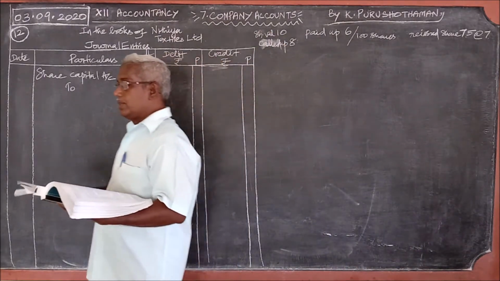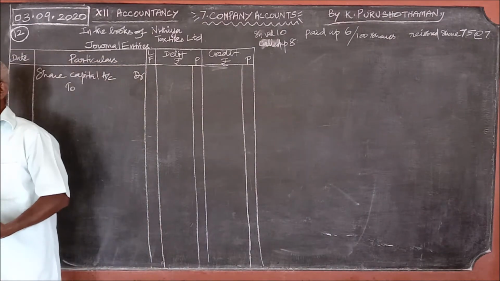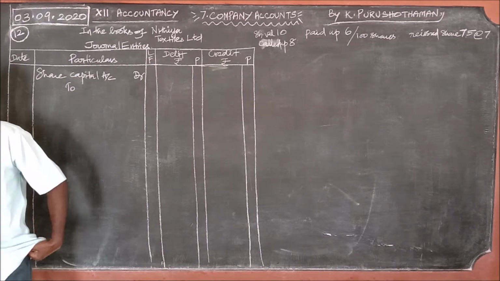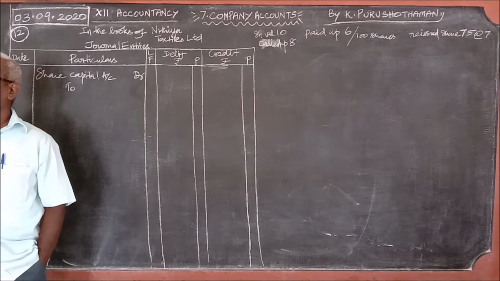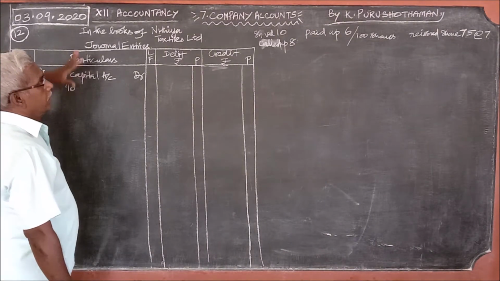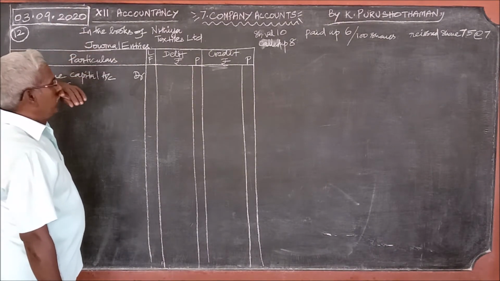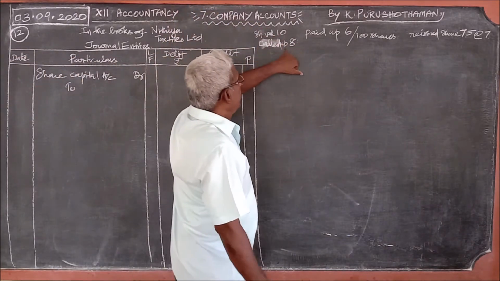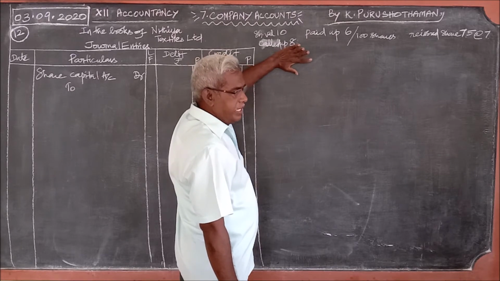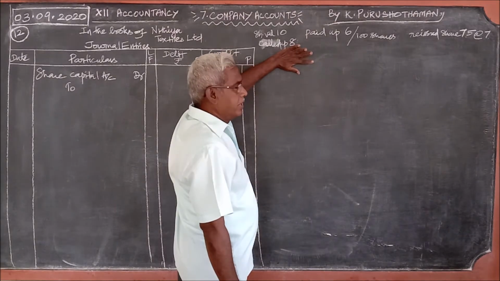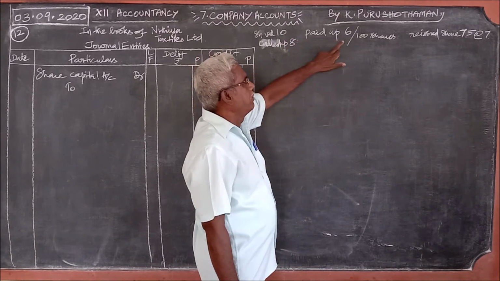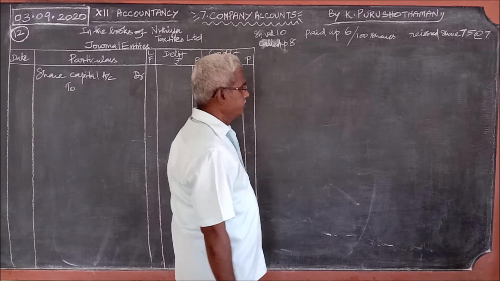So from this you should understand a few things. It is not a straight question. You should think and do. Here, the total share value is rupees 10, but the shareholders were called to pay rupees 8, and they paid only application money and allotment money, on the whole rupees 6.